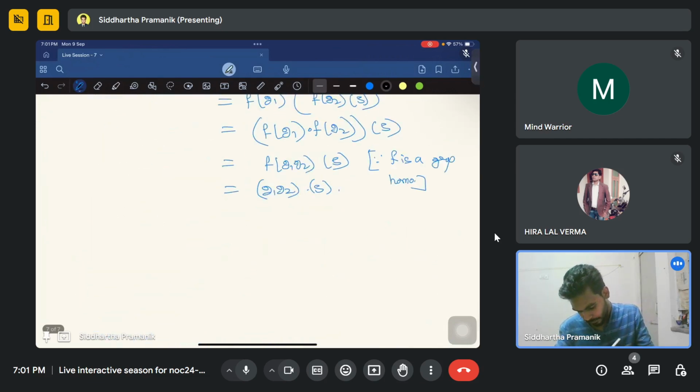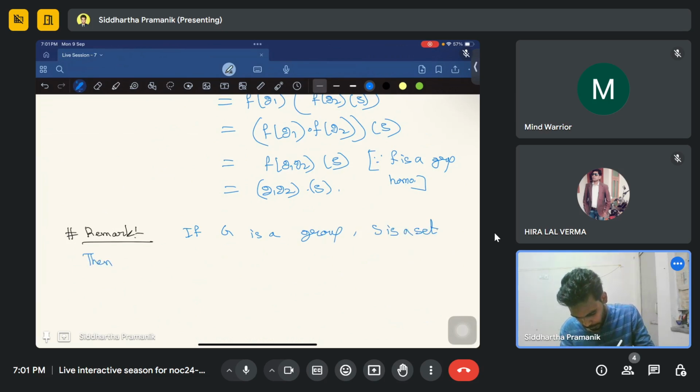So the interesting fact is, if G is a group and S is a set, then there exists a bijection between the following sets.